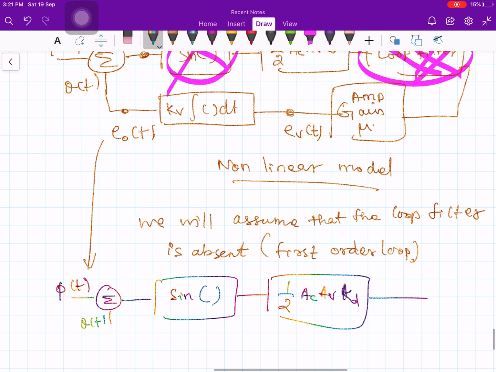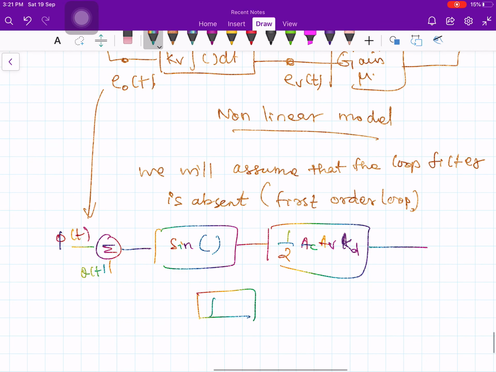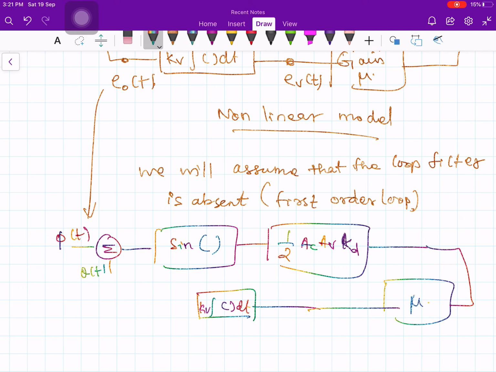Okay, and then integral of KV times dt, then gain with mu, like this, like that.